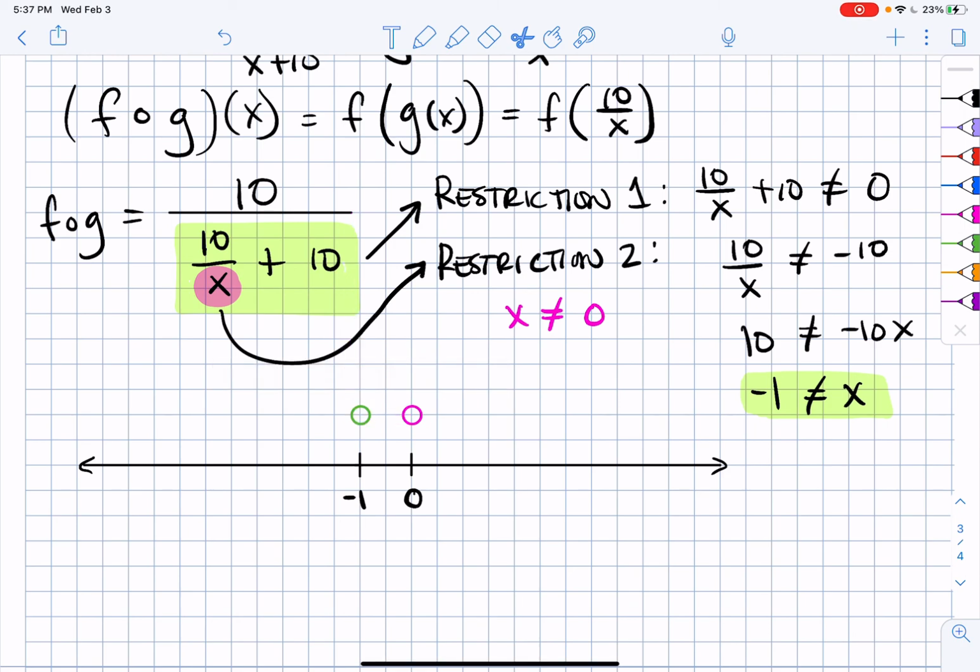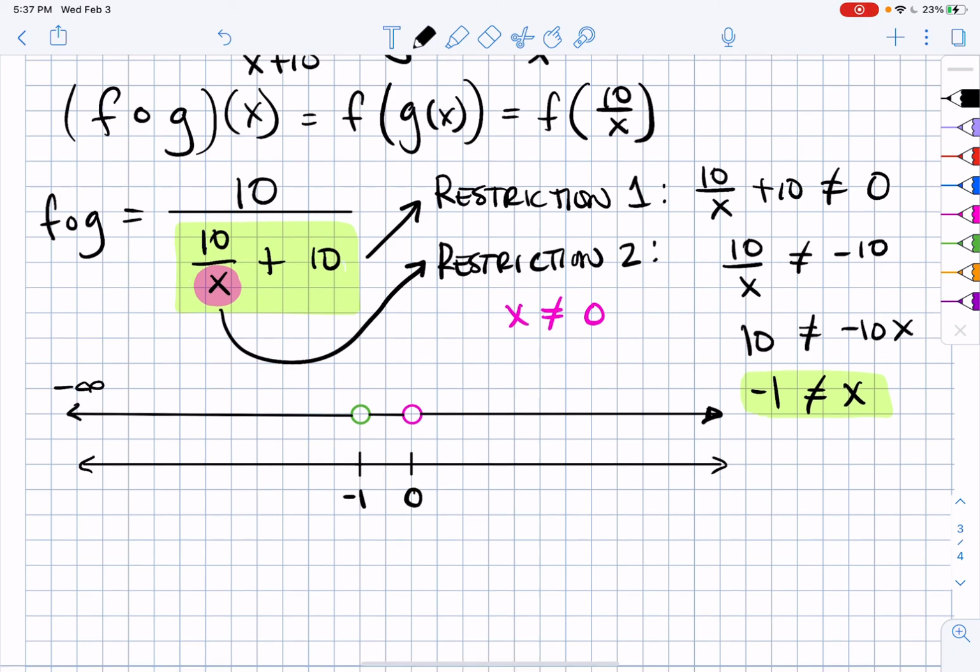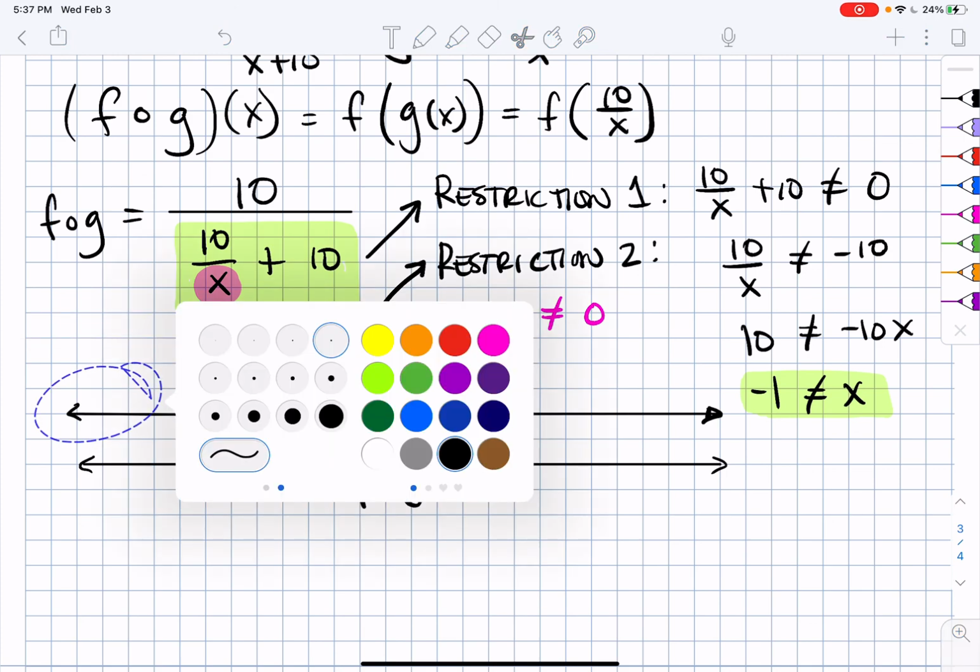But everywhere else is fine. So I have this line, this line, and this line. That means domain-wise, I can use anything else except for those two points. And you know what I should do? Let me erase that. Let me select this style. Let's use purple.